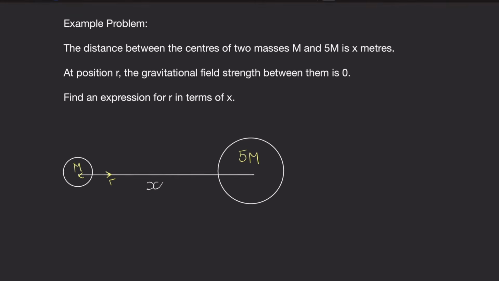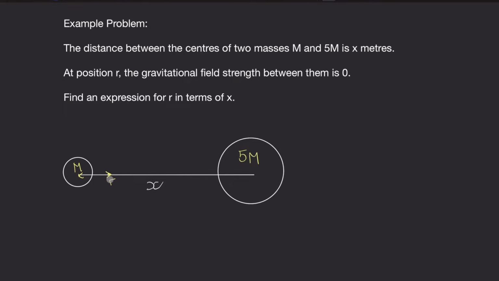The distance between the center of two masses m and 5m is x meters. At position r, the gravitational field strength between them is 0. Find an expression for r in terms of x.